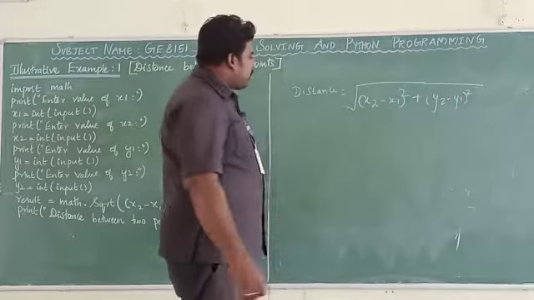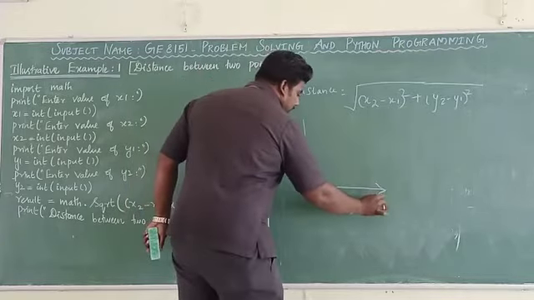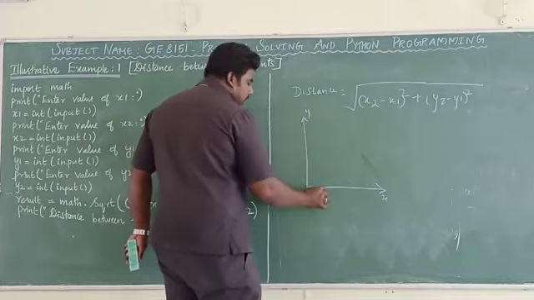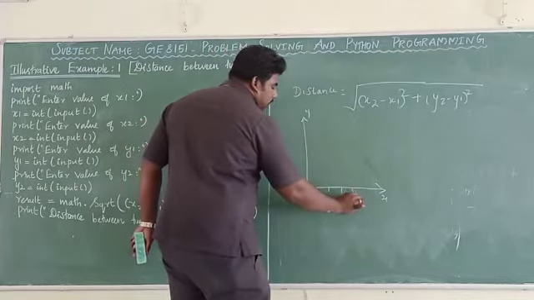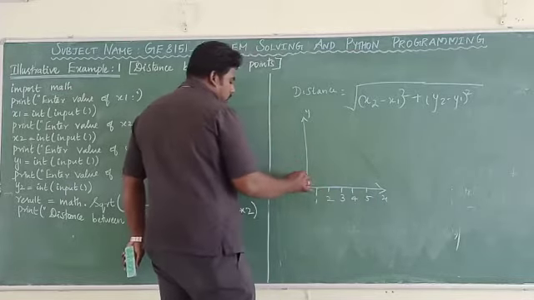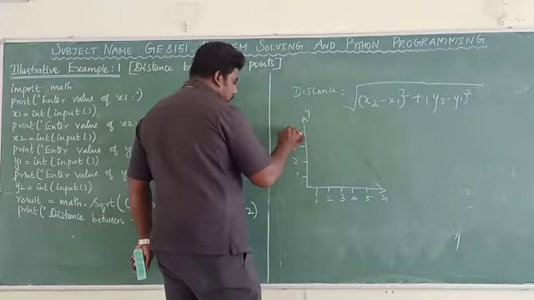Okay, how the formula got derived means, consider a graph with x and y axes. Here 1, 2, 3, the values are plotted like this. This is the x values. Here also 1, 2, 3, 4.